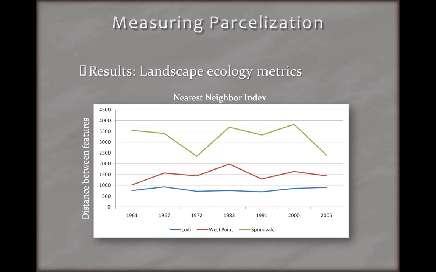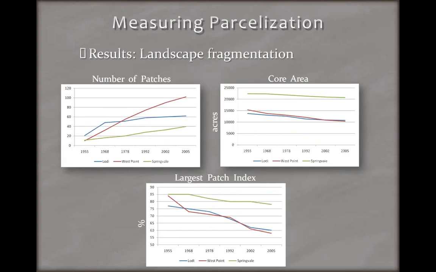And like I said, we also mapped historic land cover and land use data over time. So now we're able to measure the pattern of parcelization and then analyze the resulting landscape with landscape ecology metrics: did the landscape also reflect what we saw in terms of the spatial pattern of parcels? And so this is showing the farmland landscape.